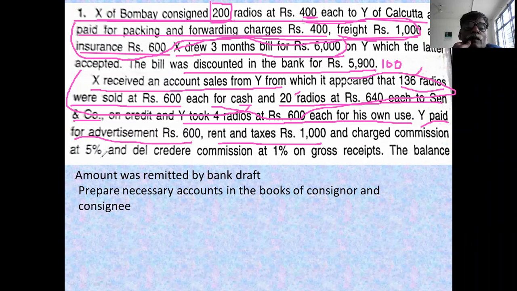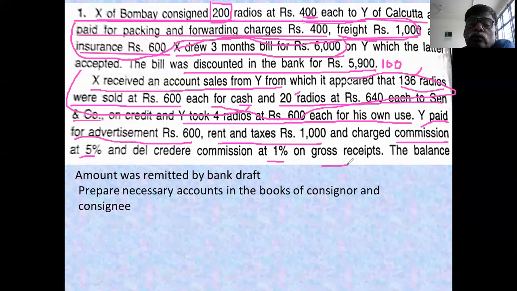Okay. Then commission. Commission 5% and 1%. Commission is 5% and 1% on gross sale or gross receipt, on total sale value.